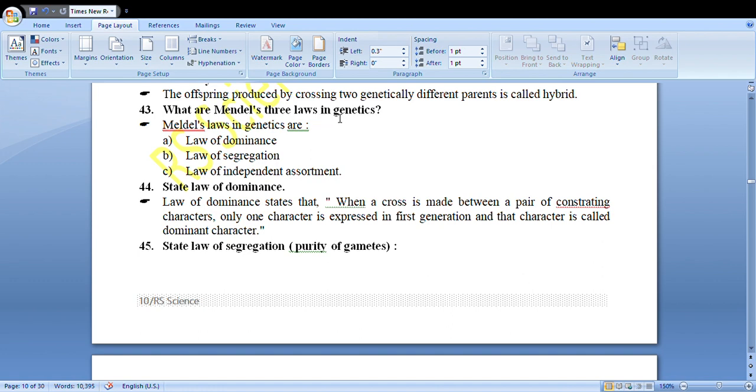What are Mendel's three laws in genetics? Mendel's three laws in genetics are law of dominance, law of segregation, and law of independent assortment. State law of dominance.